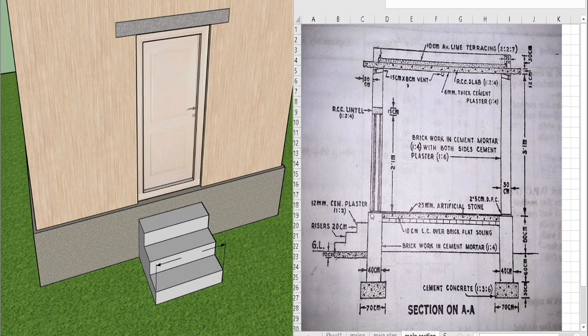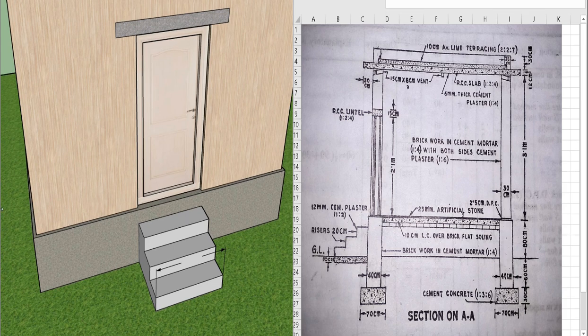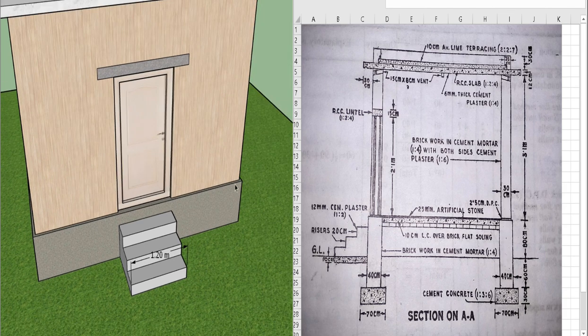We have already calculated this 0.05: this 40 centimeter wall minus 30 centimeter wall is 10 centimeter, and if we divide by 2 then we will get 5 centimeter on this side and 5 centimeter on this side. So this small projection is 5 centimeter on both sides.